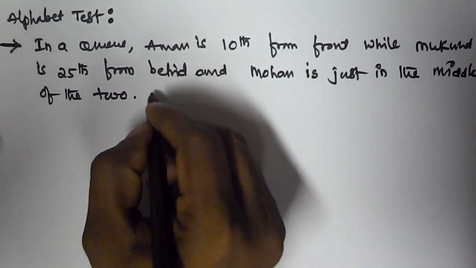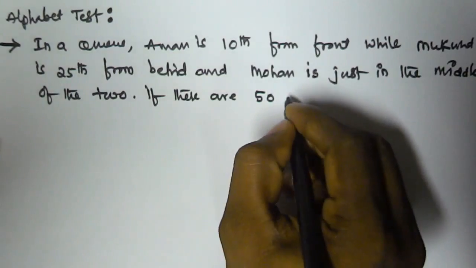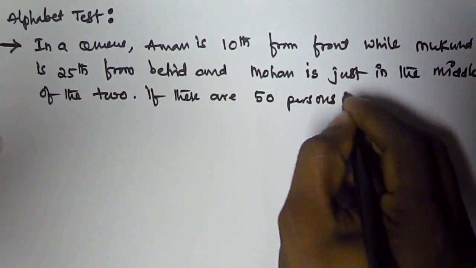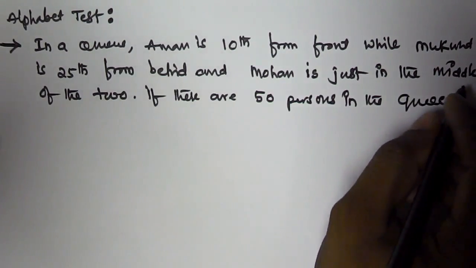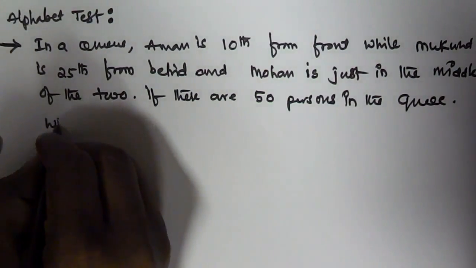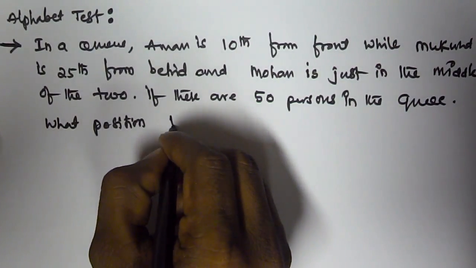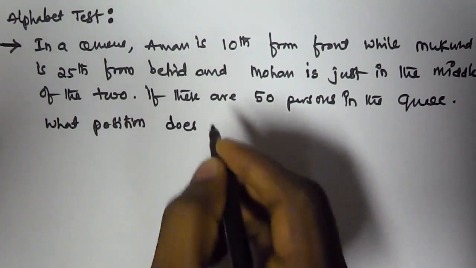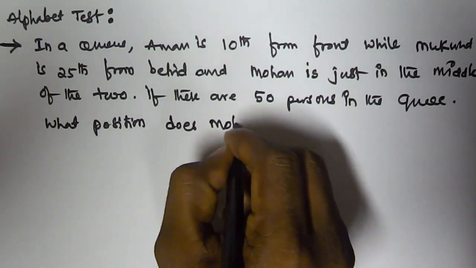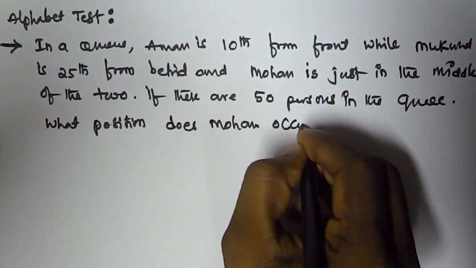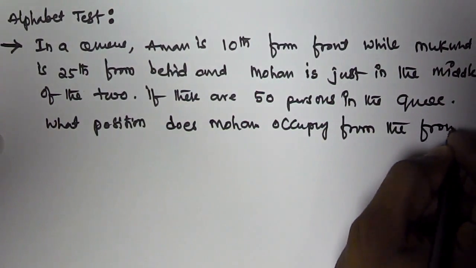If there are 50 persons in the queue, what position does Mohan occupy from the front?